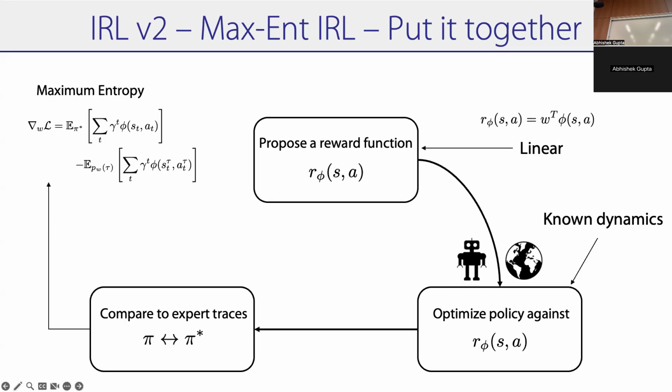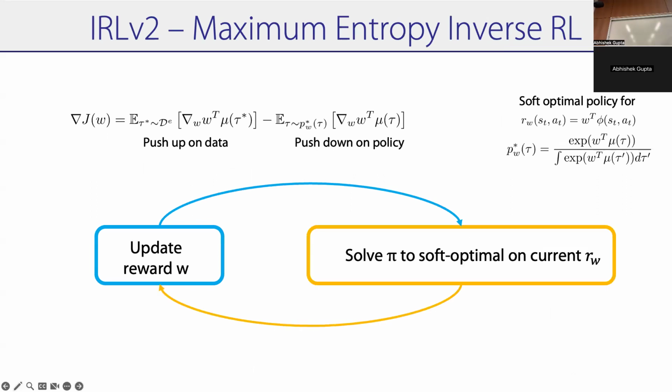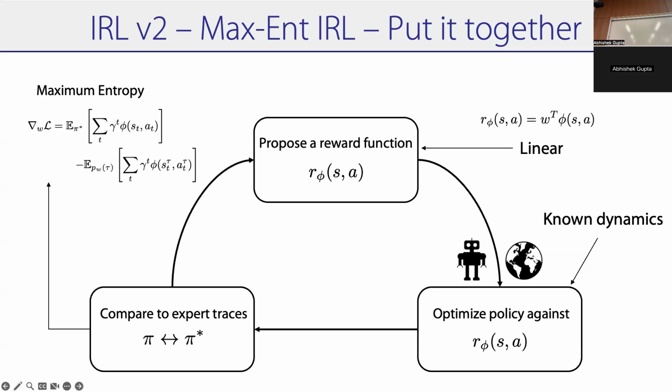So RL is inside this IRL objective in here. Then you update your reward function and repeat. This objective looks like it doesn't have RL, but the RL is hidden inside that second term. So you propose a reward function, you solve this by solving RL, then you update your reward function with the gradient, then you have to re-solve RL with the new W, and then you repeat. That's what MaxEnt IRL does.